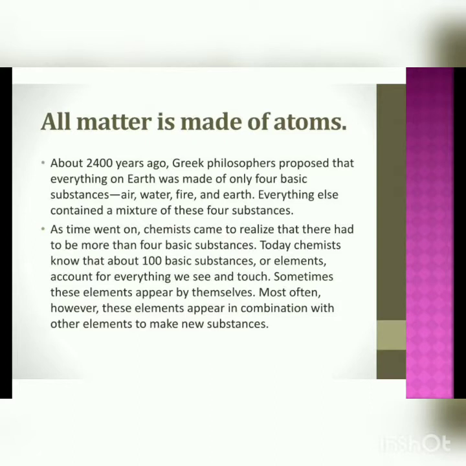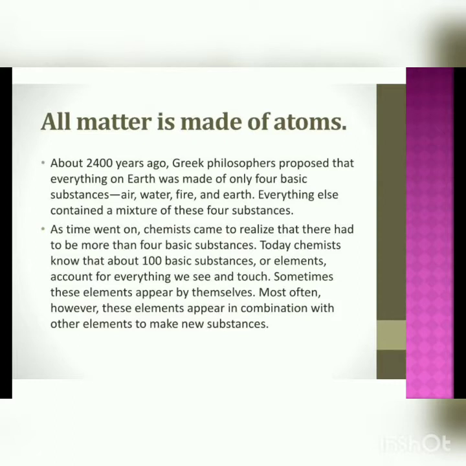About 2400 years ago, Greek philosophers proposed that everything on earth was made up of only four basic substances, that is air, which is in gaseous state, water, which is in liquid state, fire, which is in gaseous state, and earth.